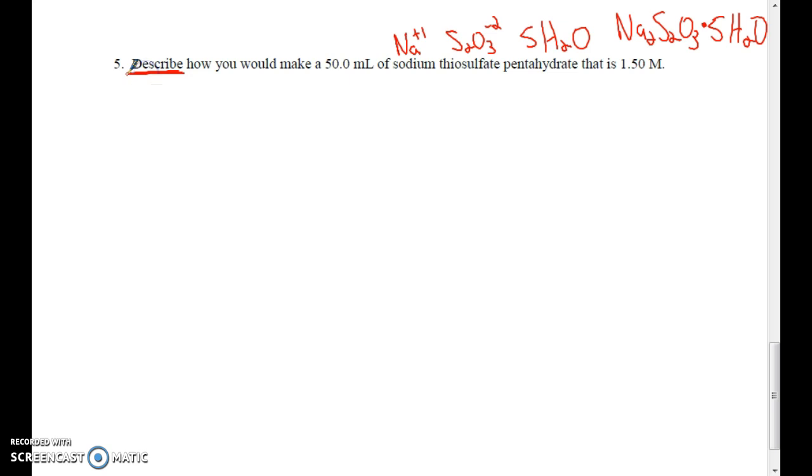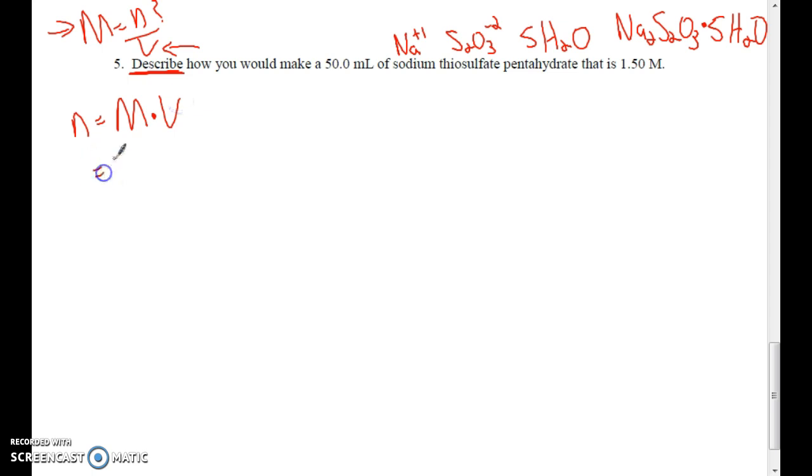So describe how you would make 50.0 milliliters of a sodium thiosulfate pentahydrate that is 1.50 molar. Well, if we think about our overall equation, it gives us the M, the molarity, and it gives us the volume, although we have to change it to liters. The one thing it does not give us is n. So that's what we're going to solve for. n equals molarity times volume.